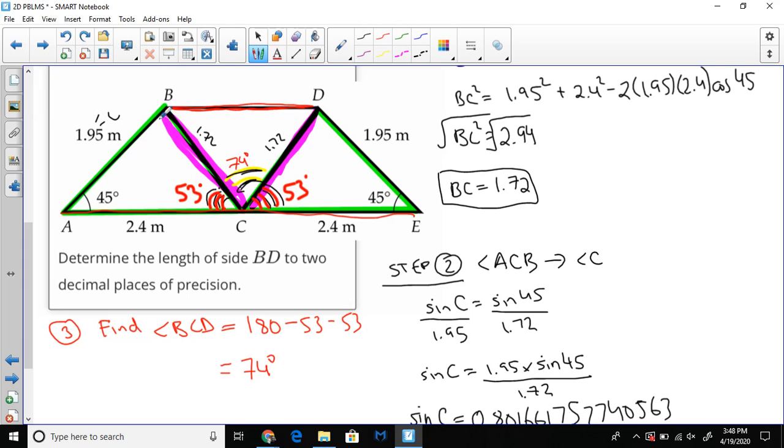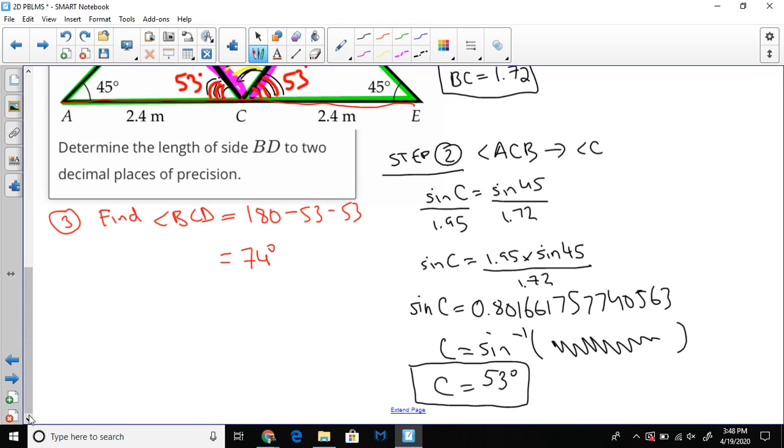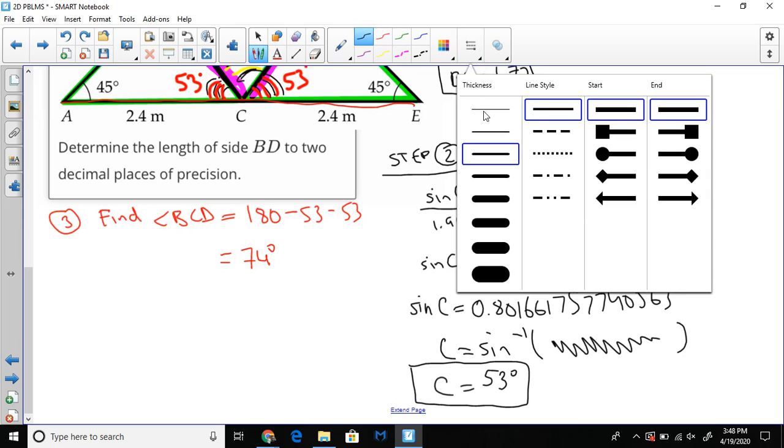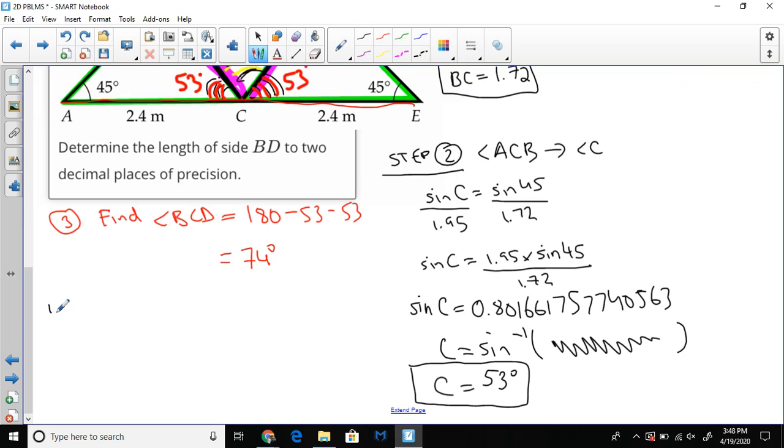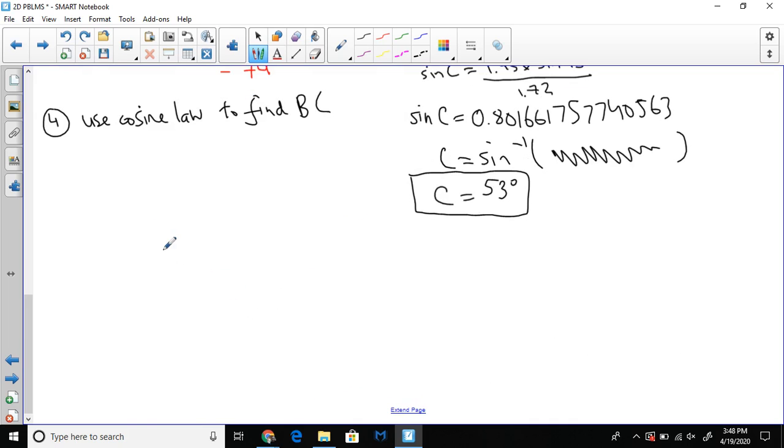So now I have side, angle, side. So to get side BD, I'm just going to use the cosine law. This is my last step. So use cosine law to find BD. Or sorry, did I write BC?